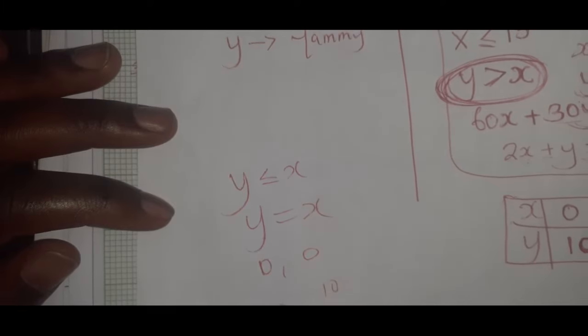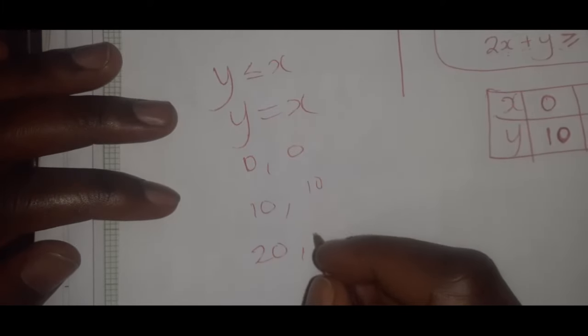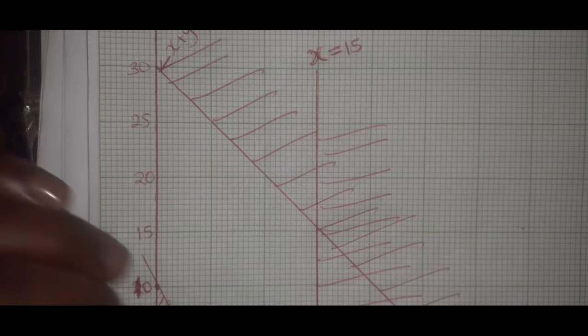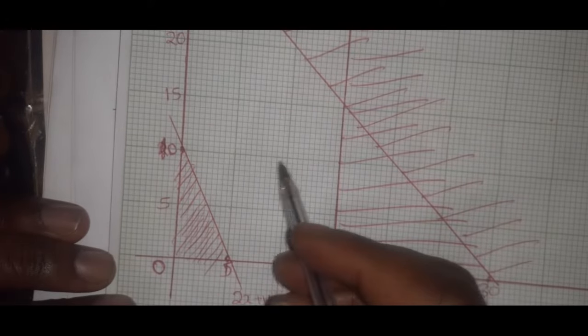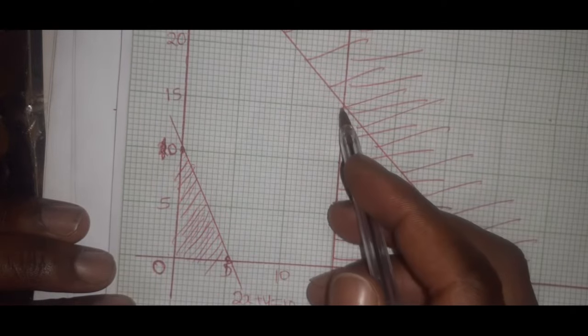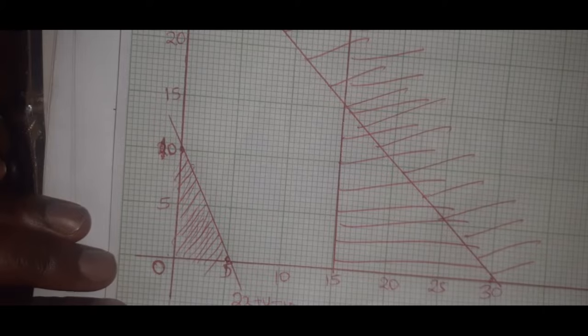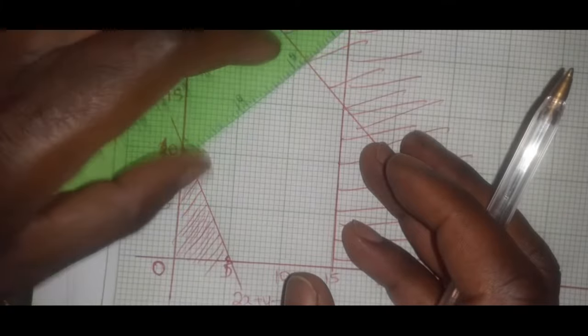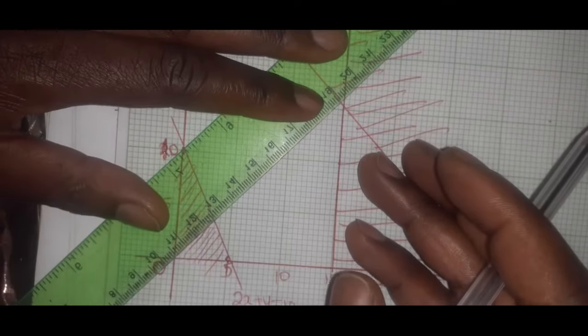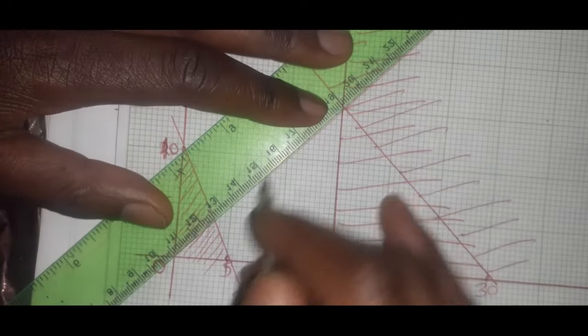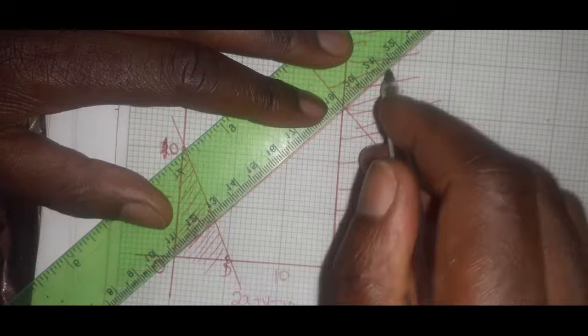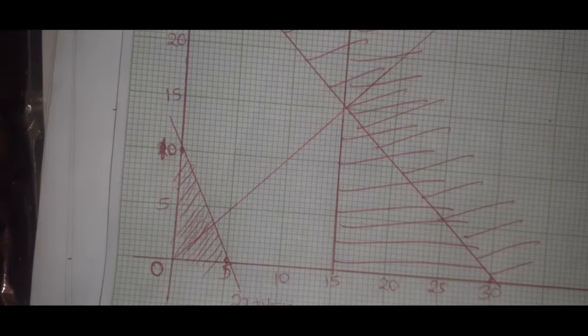If this is 20, this one is 20. So 0, 0 is here, 5, 5, 10, 10, 15. It's this one here. This is what we're going to be looking at.